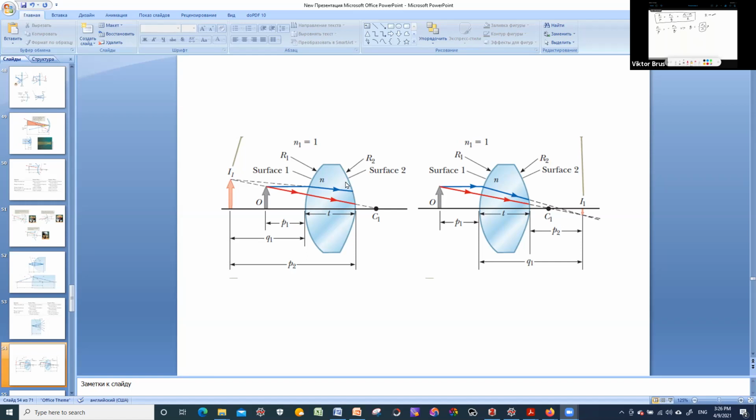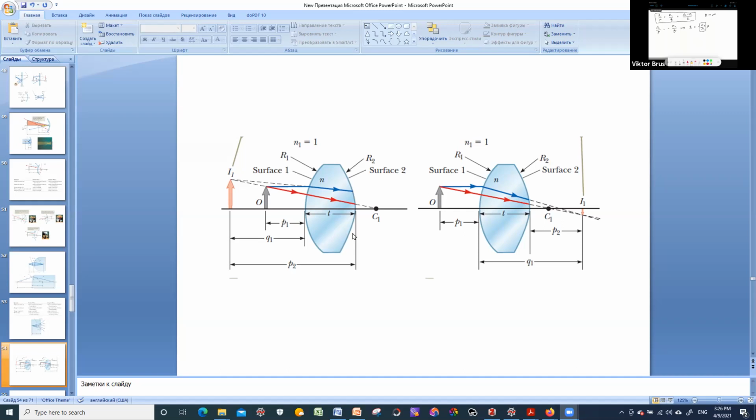Then we need to consider the image, in order to take into account the effect of the first interface, when we want to get the image formed by the lens. So it's actually an image formed by two interfaces, let's say air, glass, and then glass, air again.